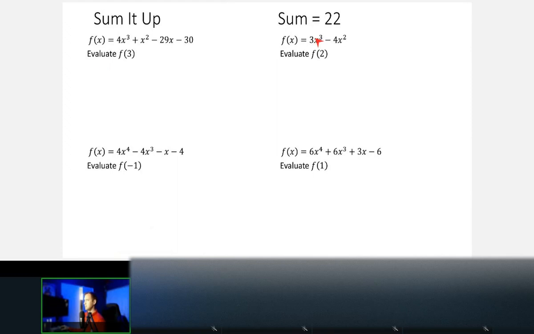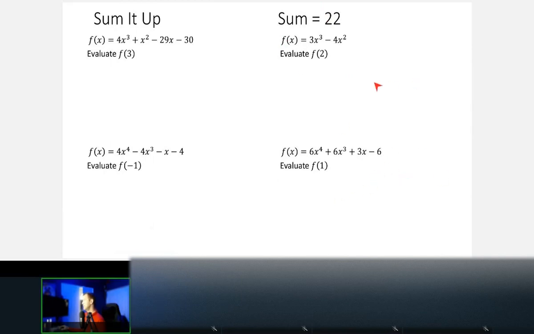What is the sum of the two answers for the top two? What's that sum add up to? 8. Yep. So the two answers you get for the top two should add up to 8. What do the two right problems add up to? The answer to this one, the answer to this one.